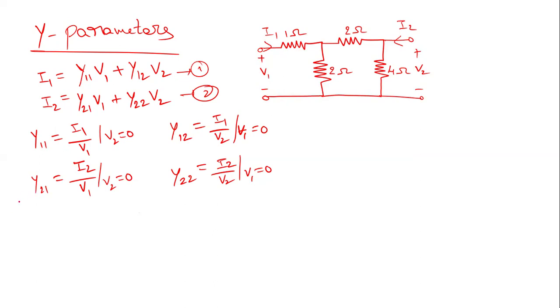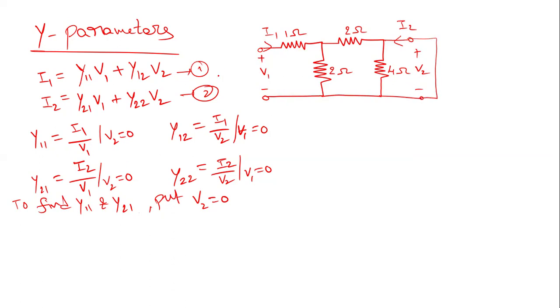So first, to find Y11 and Y21, put V2 equal to 0. If you substitute V2 as 0, these two terminals are short circuited.